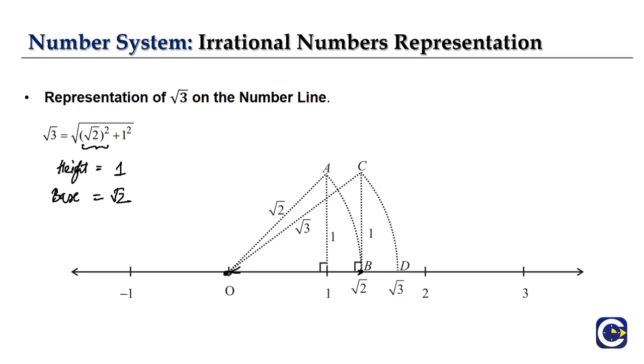Take a position at O, take OC as radius, and mark an arc such that it touches the number line at point D, which is the location of root 3 on the number line. The only basic thing is we should know how to write any irrational number in terms of our Pythagoras theorem.